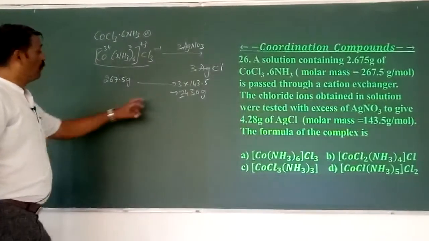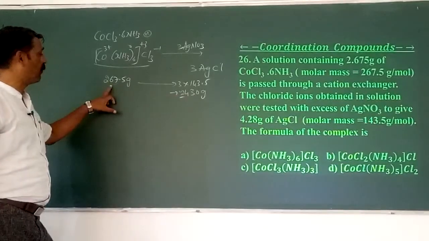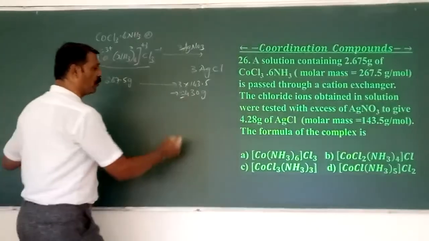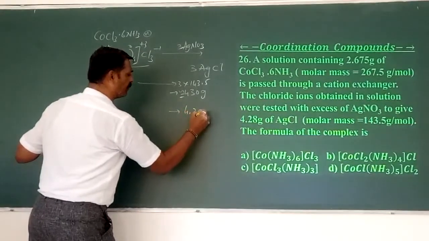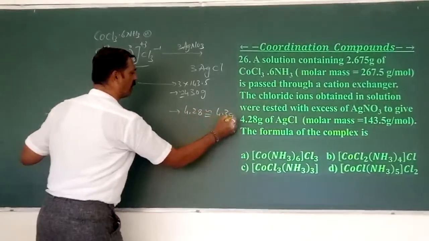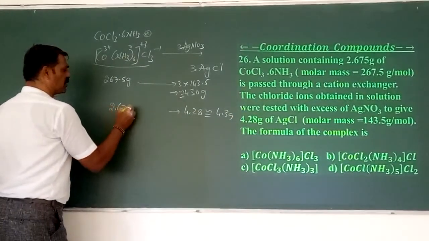It means 430 grams of silver chloride is obtained from 267.5 grams of this complex. Therefore, how much is it? 4.28, nearly equal to 4.3 grams. There is a 100 times decrease here, so it is 2.675 grams.